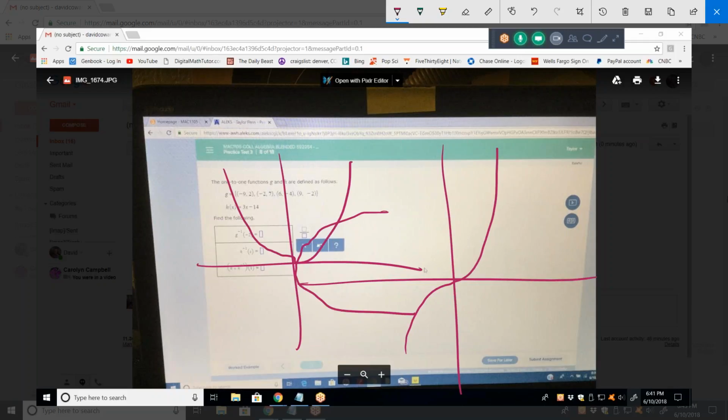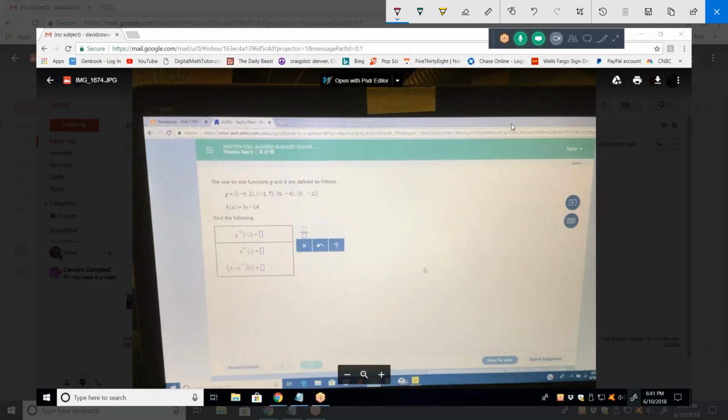So when you're talking about inverses, they have to be functions. That is a relation. It does not pass the vertical line test because my original one didn't pass the horizontal line test. So one-to-one means that it's going to pass the vertical and horizontal, and it's going to have an inverse, for sure.